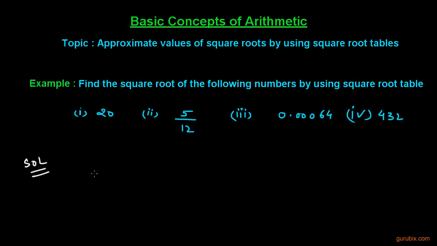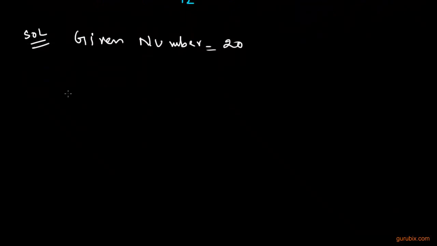In part 1 we are given a number 20. The given number is 20, and we have to find the square root of 20 by using the square root table.